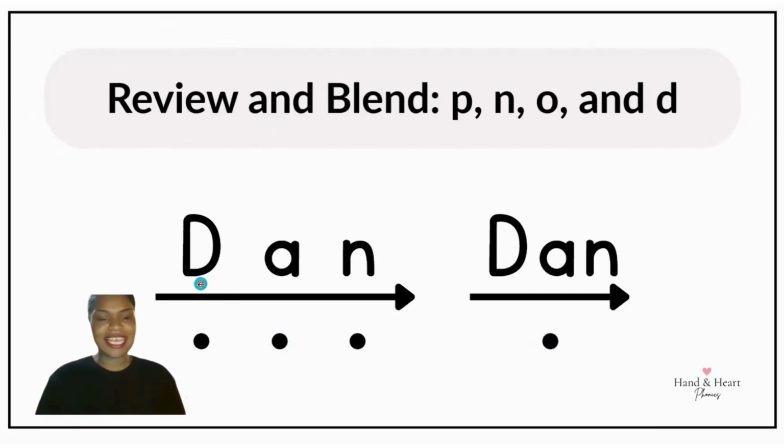Notice that this D is a capital D. Although we did not go over capital D inside of our review, we use an uppercase D here because this is a name, Dan. Okay? Let's sound it out again. Get ready. D-an, Dan. This is the word Dan. Sound it out by yourself. Very good. Dan. Read it again. Yes, Dan.